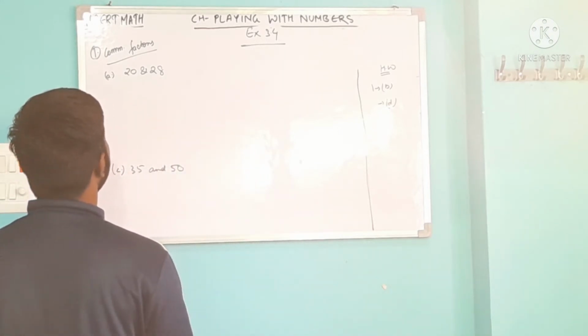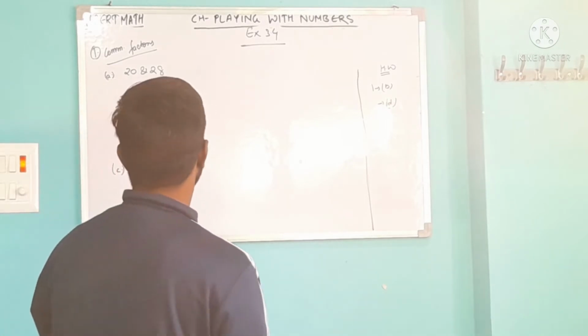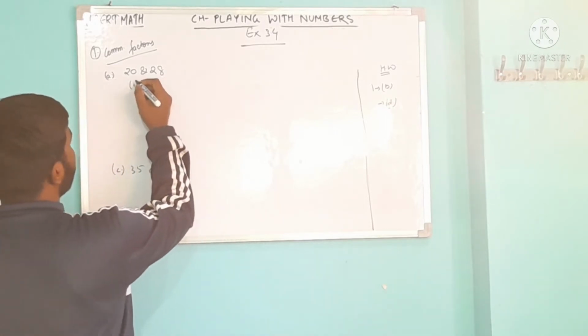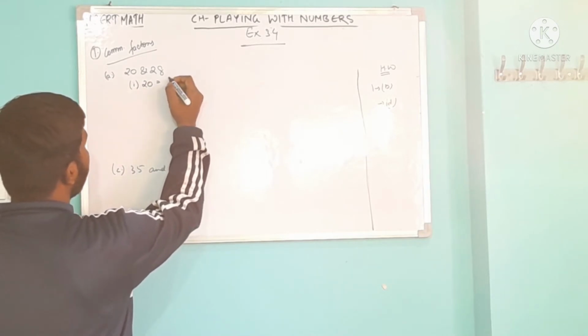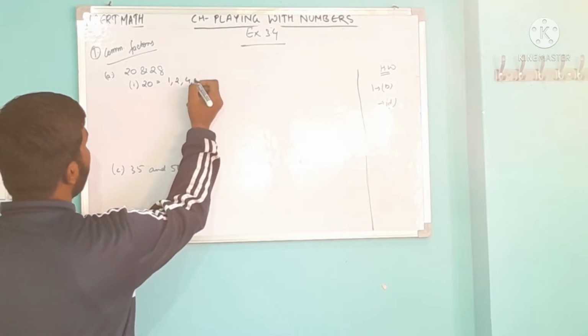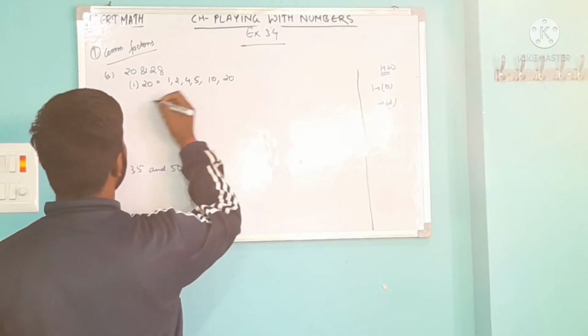In the A part we have 20 and 28, and here we need to find common factors of both numbers. Firstly we find the factors of the first number, which will be 1, 2, 4, 5, 10 and 20.